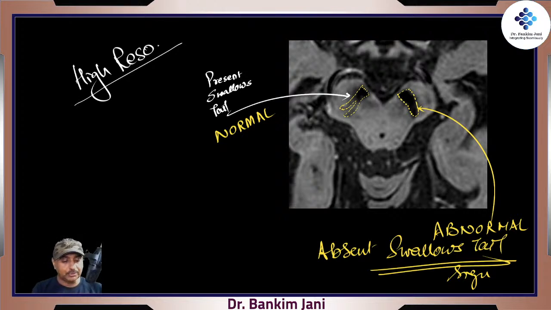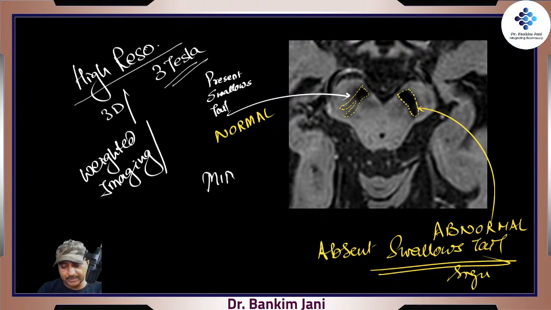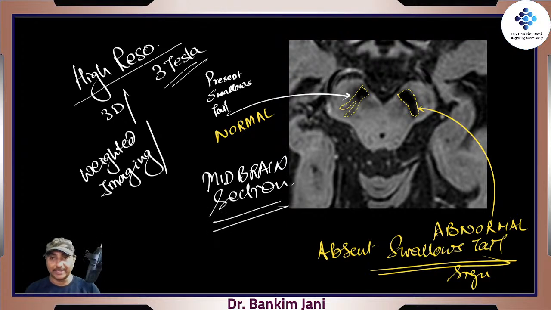In that, you need to go for 3D, and for susceptibility weighted imaging, on the high resolution machine, that is the 3 Tesla machine. Then you see this, right? This shape is telling that we are passing through the midbrain. This is a midbrain section. This is how it looks.